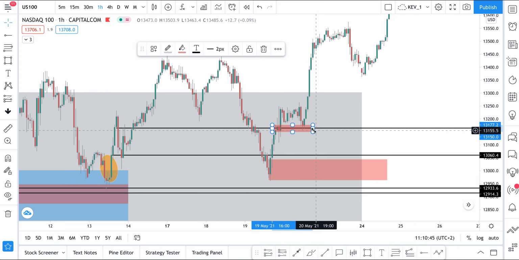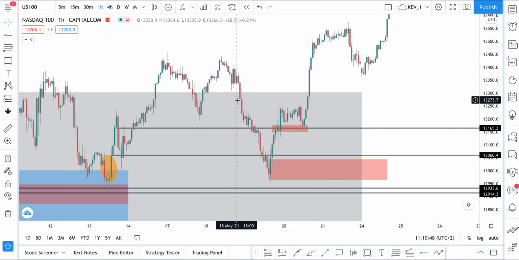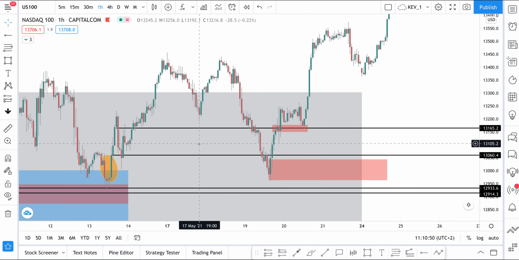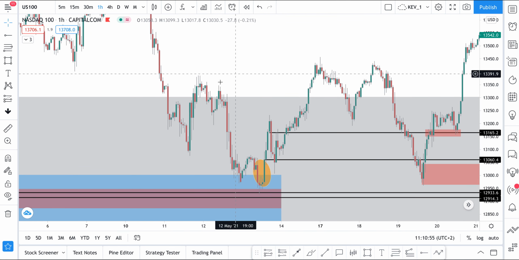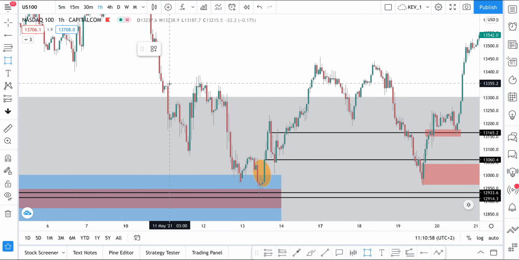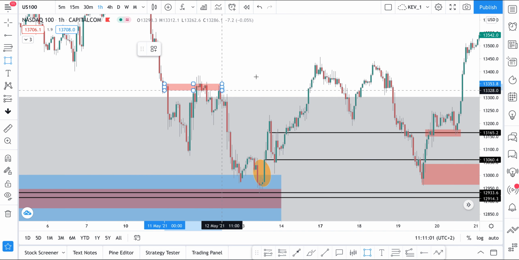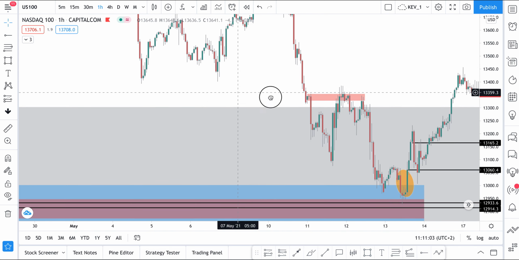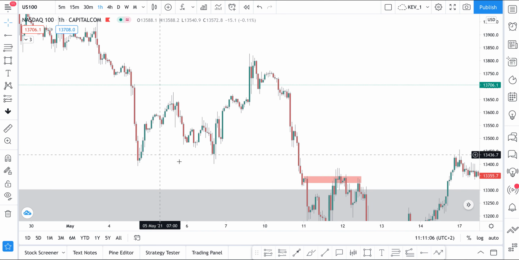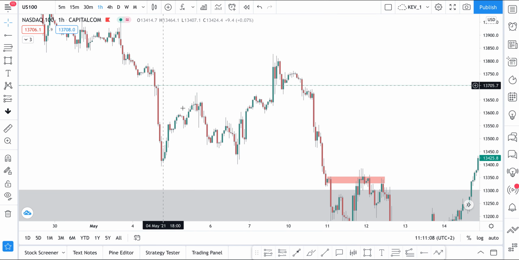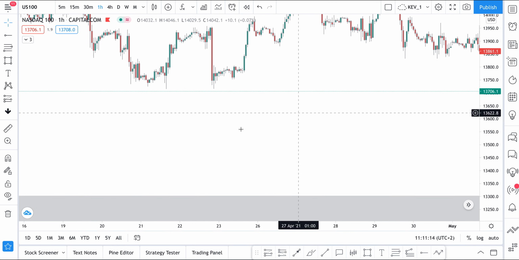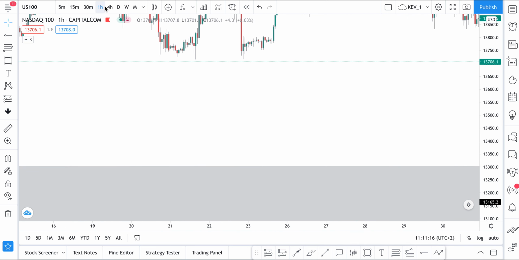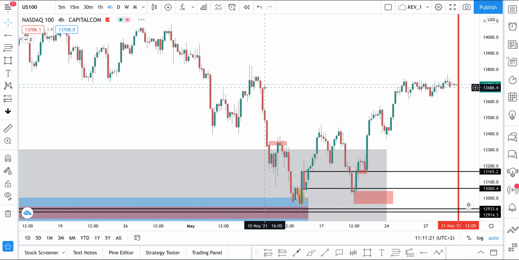So as you can see, the market came back to that zone and left. Market went, came back there, left. So every demand zone, the market will always react to it. There's a demand zone here. The market came back to this zone. It reacted to it. I can go back and forth. Every demand zone in the market has been tested, and it's so easy to identify these zones because the market repeats whatever it does over and over and over.